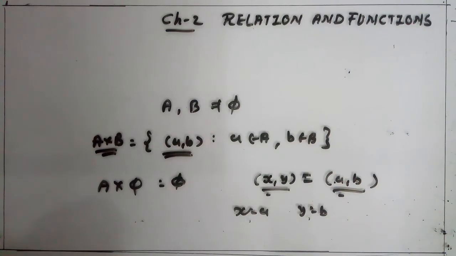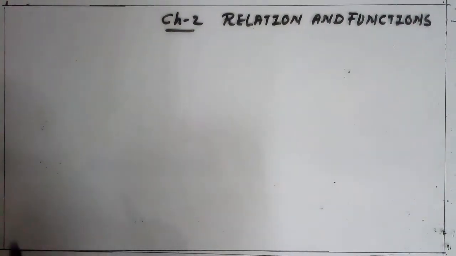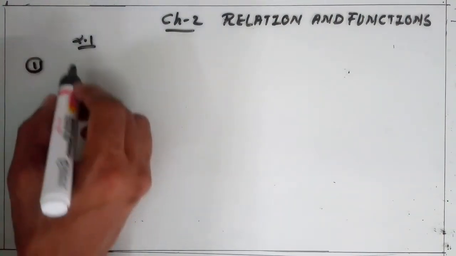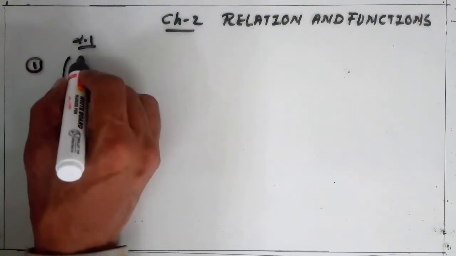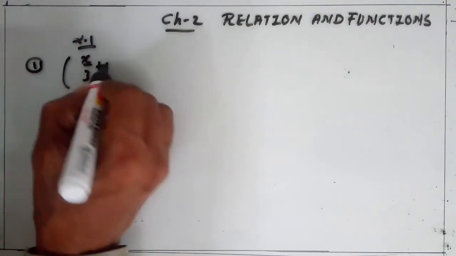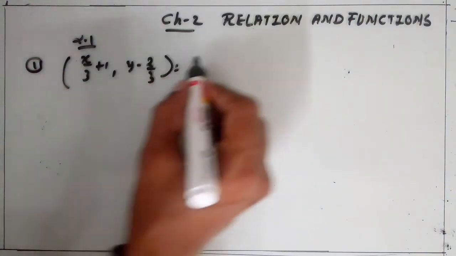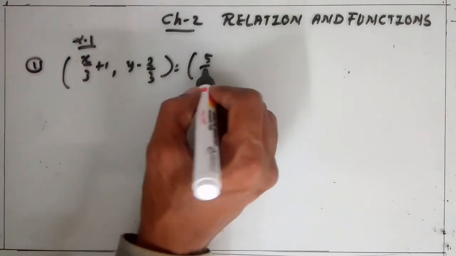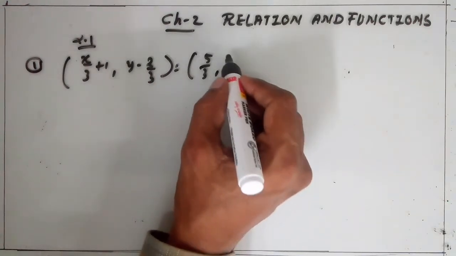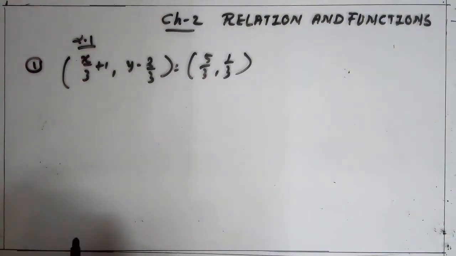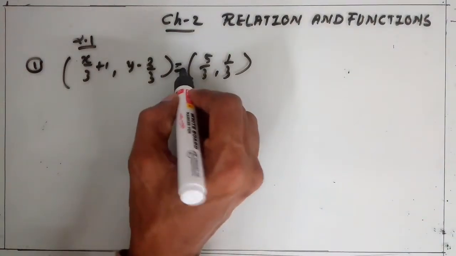Now exercise 2.1, first question: if (x/3 + 1, y - 2/3) is equal to (5/3, 1/3), find the value of x and y. Remember here both ordered pairs are equal.